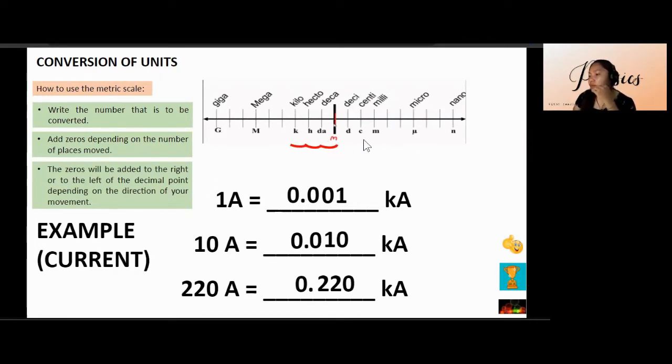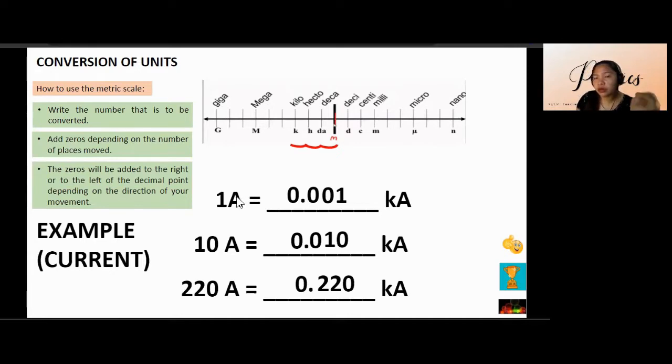Ampere, 1, 2. Or let's say megaampere. So from the base, that's 6 places to the left. For example, megaampere to hectoampere. So you have to start your movement from mega to hecto. So you have to do like this: 1, 2, 3, 4. So that's just 4 places going to the right.